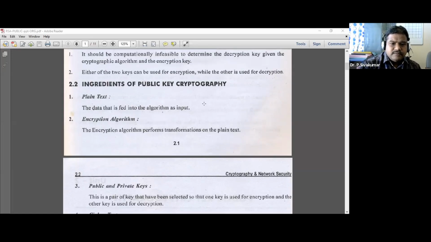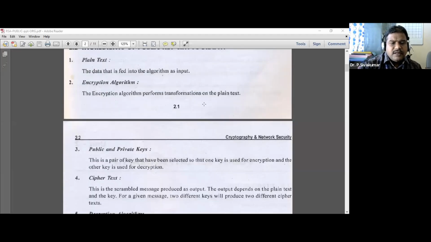Then another component is keys. Keys means here we use a public and a private key. In the asymmetric key algorithm or public key cryptography, two keys are used. One key is used for encryption, another key is used for decryption. So the pair of keys: one is a public key, another one is a private key.